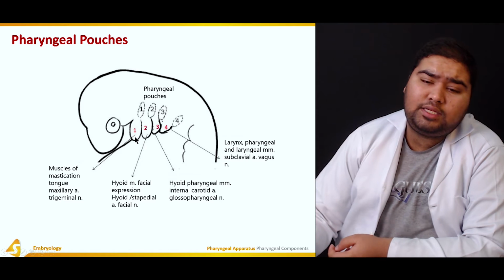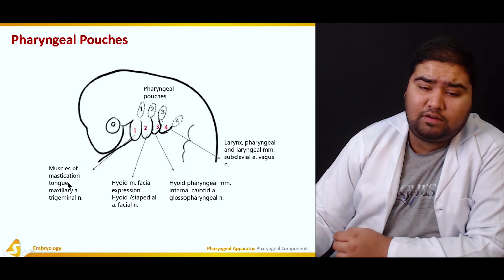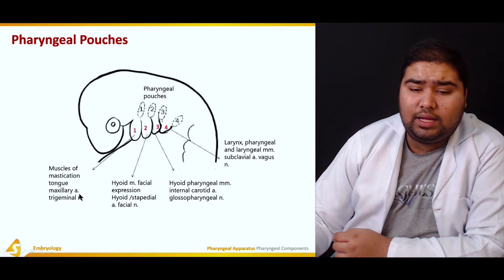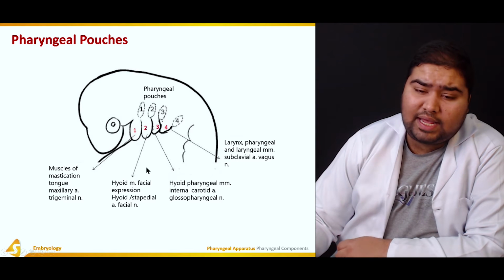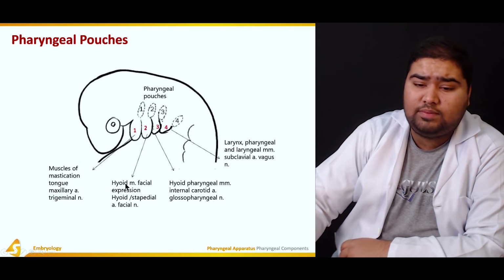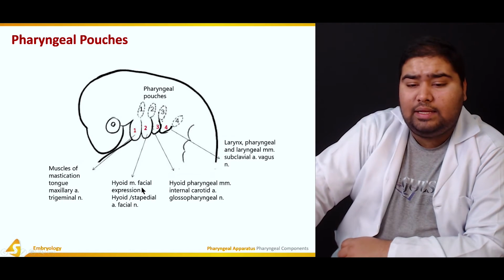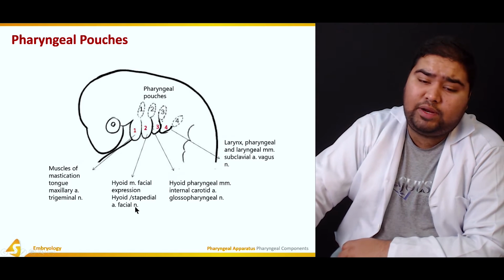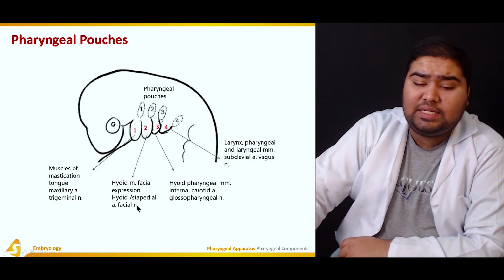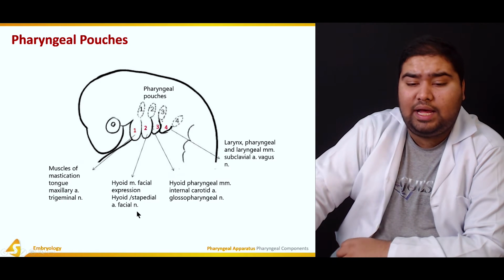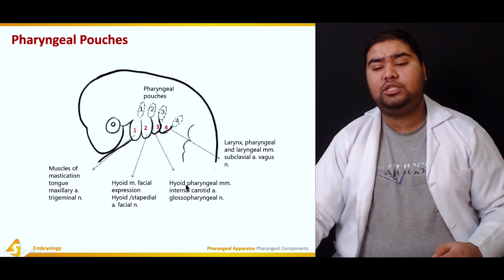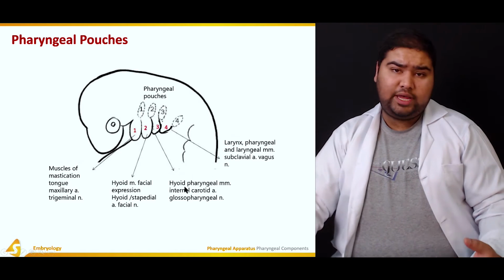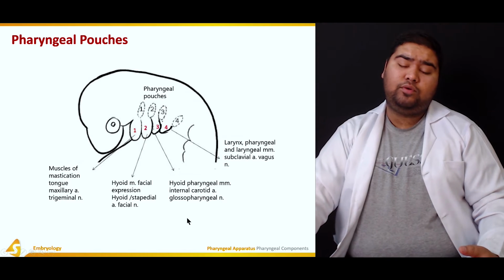So first pharyngeal arch gives rise to the muscles of mastication. It has maxillary artery and trigeminal nerve. The second pharyngeal arch forms the hyoid. It forms the muscles of facial expression. It has stapedial and hyoidal arteries and the facial nerve. The third pharyngeal arch also helps in the formation of hyoid bone.